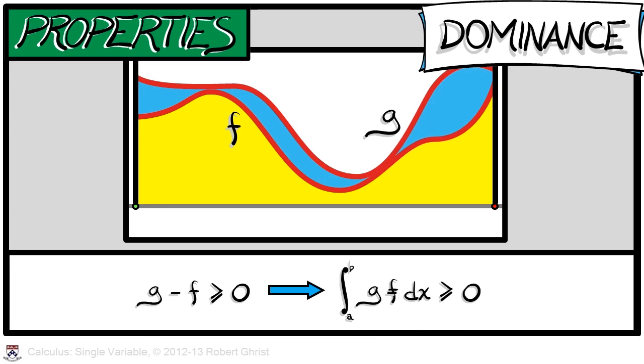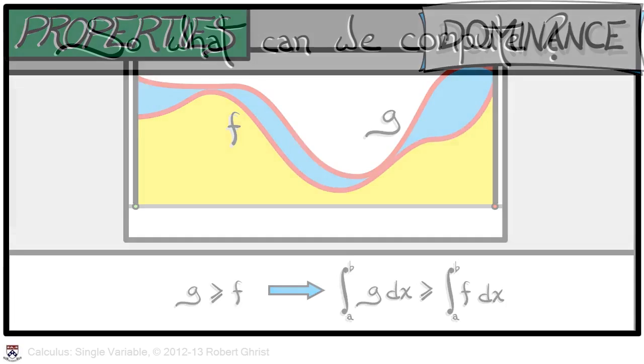Namely, if you have a function g which is bigger than f, then g minus f is non-negative, which means that the integral of g minus f is non-negative, which by linearity means that if g is bigger than f, then the integral of g is bigger than the integral of f.